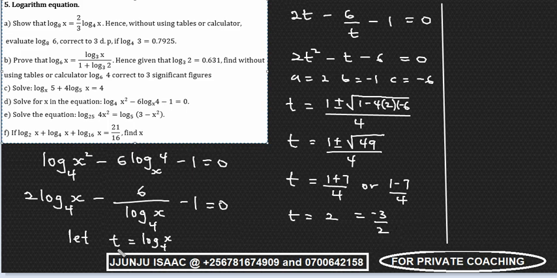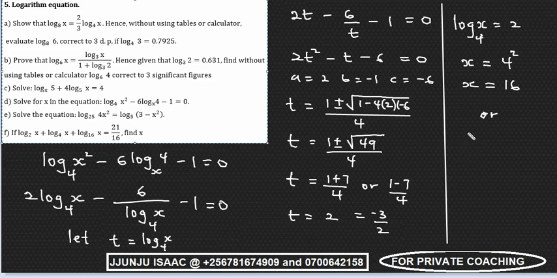We don't stop there because we have t equal to log base 4 of x, and we are interested in getting x. So that means log base 4 of x is equal to 2. So x can be, finding the antilog of log base 4, we shall get 4 squared. So x is giving us 16.